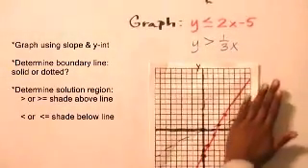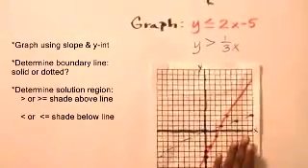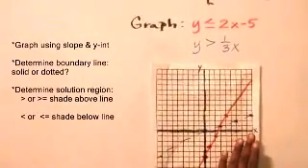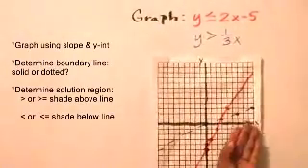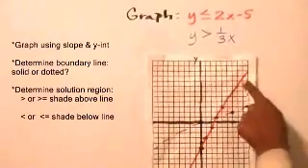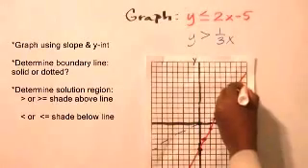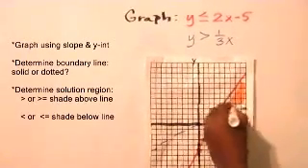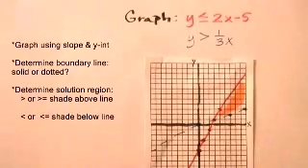So shading below the red line is only right here on this side of the screen. I have to shade above the blue line because it says it's greater than. And there's only one place where it's above the blue line, which is right here, and at the same time it's below the red. So this is where I'm going to shade.